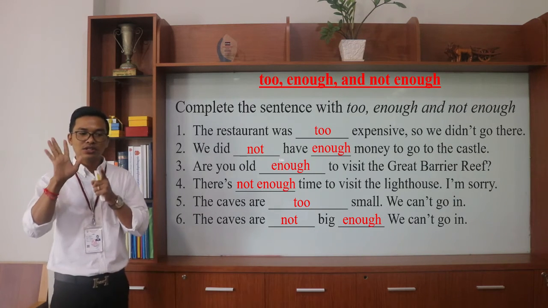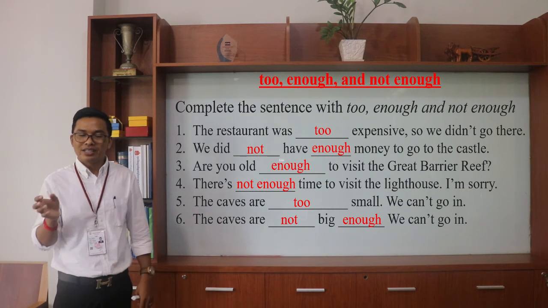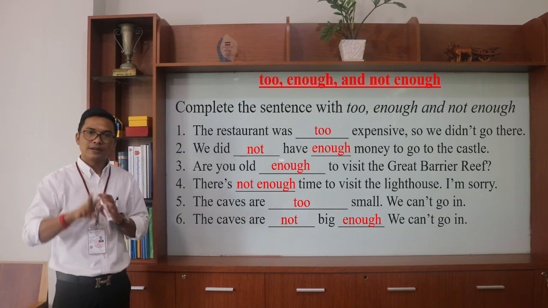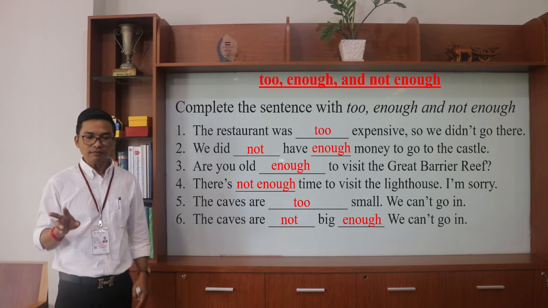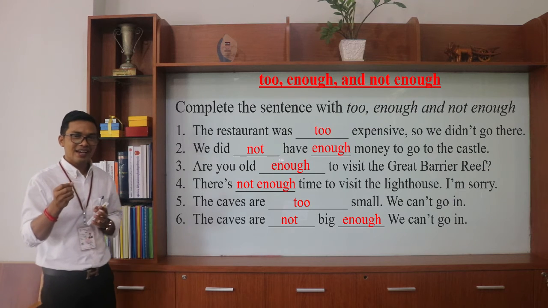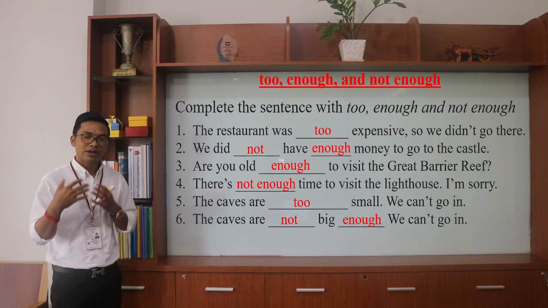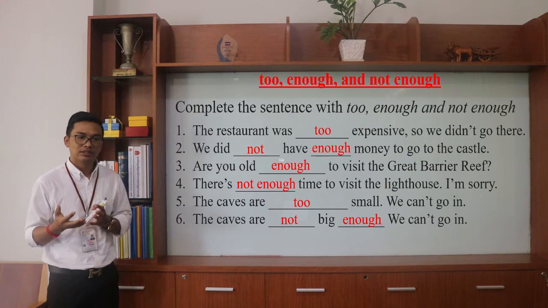And then number 6, cabs are blah blah big, we can't go in as well. So you see the 2 spaces provided, so you have to use not enough, so that we cannot go in. Right, so at least I review and remind you of all the 7 rules that we have learned.